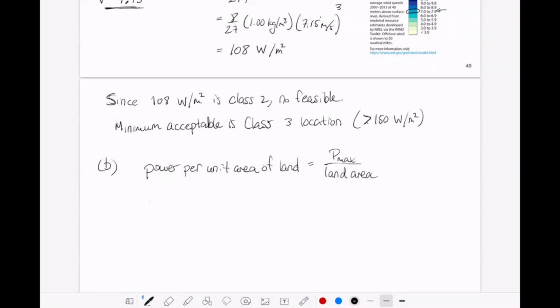So let's assume first that we have spacing between units of 10 rotor diameters. That's enough to mitigate any interference between these turbines. So they have to maintain 10 rotor diameters apart, or 5 radii.